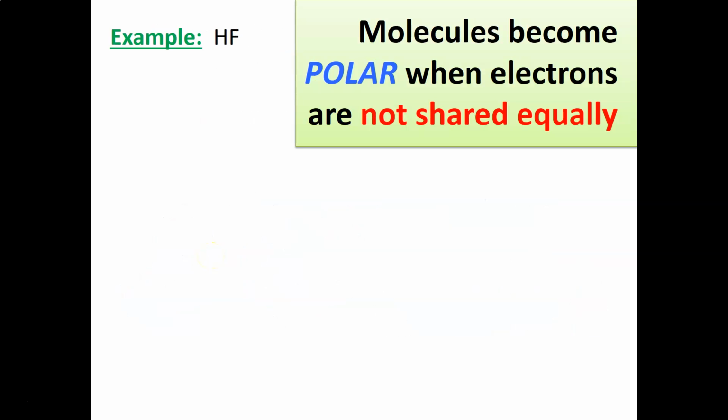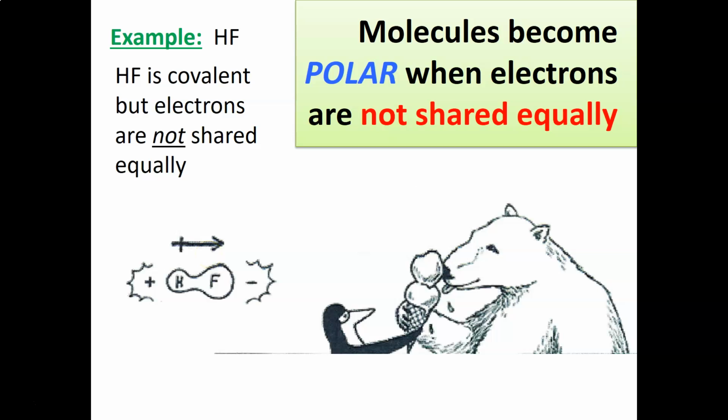However, if you look at something like HF, that's when we're going to start seeing something called a polar molecule, where things are not being shared equally. Here, it would be the equivalent of a penguin trying to share the ice cream cone with the polar bear. They're sharing, technically, that penguin still has his hand on the ice cream cone, but you can see that the ice cream cone is going to be closer to the polar bear more often.